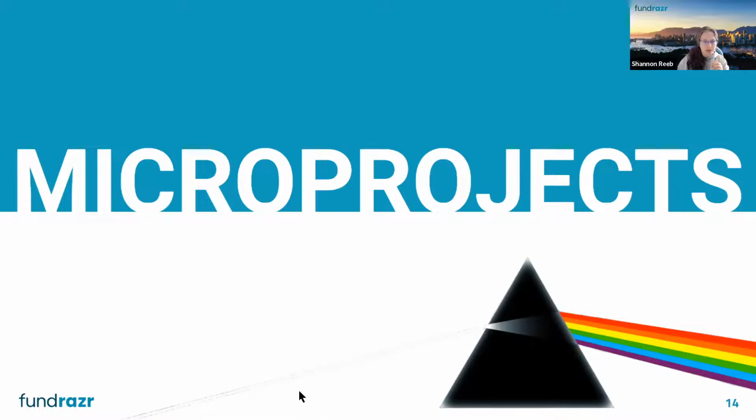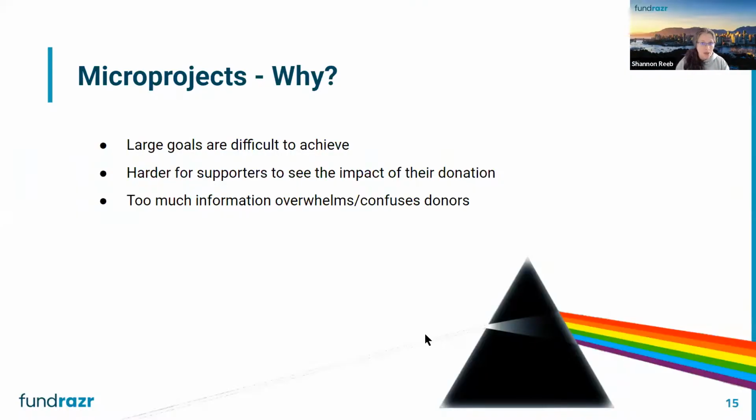This is breaking down one campaign into different campaigns to make the value of supporters' contribution more obvious and to make the likelihood of you hitting your goal better. Because large goals are difficult to achieve. Like I said, if you have a goal that is $200,000 with one story, maybe it's to build a building.